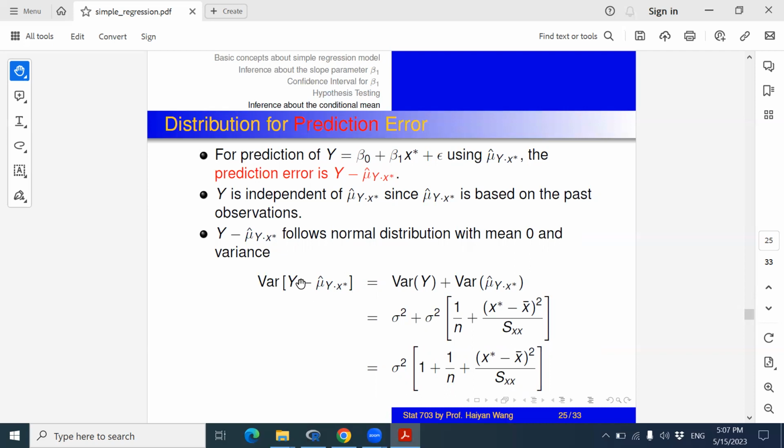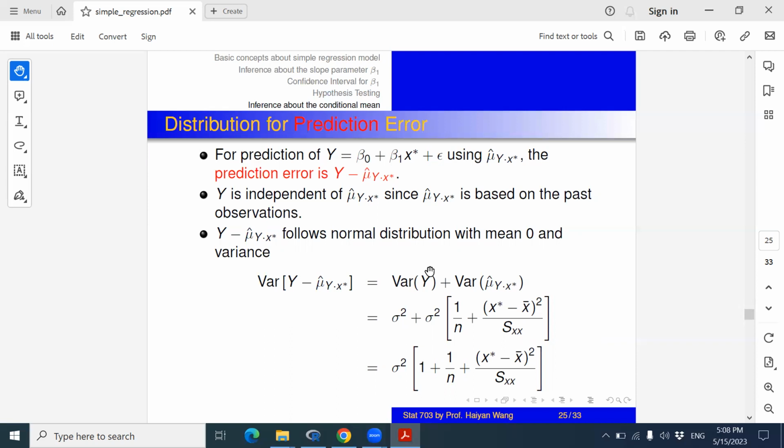The variance of the difference is the variance of the first plus the variance of the second, because the mu hat of y given x star comes from past observations, and this y is for a future observation.